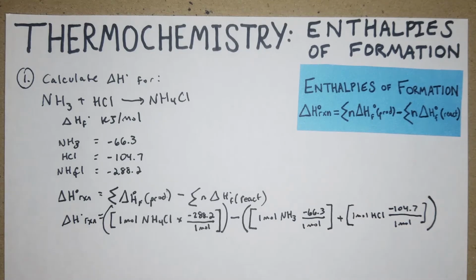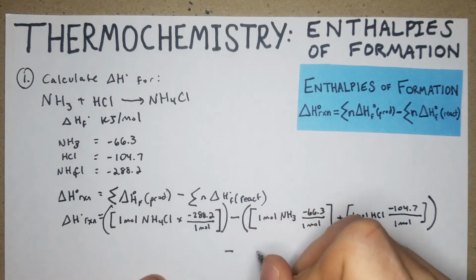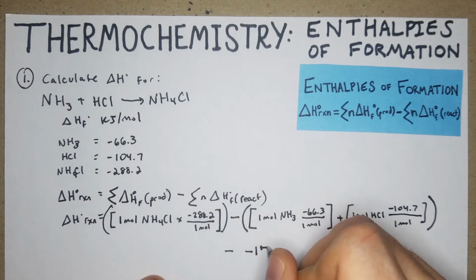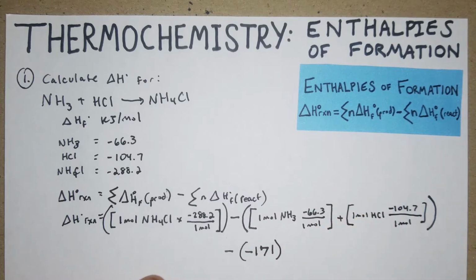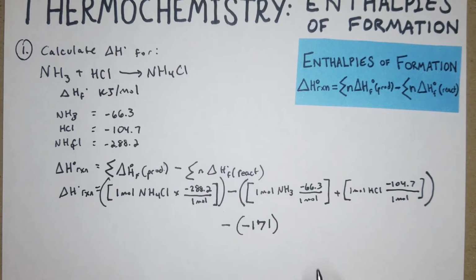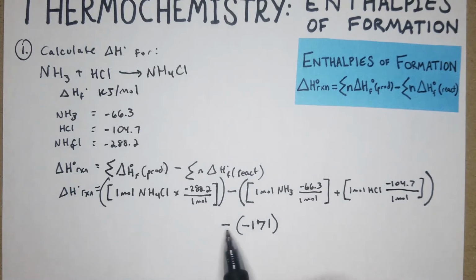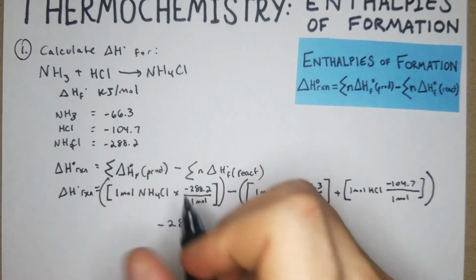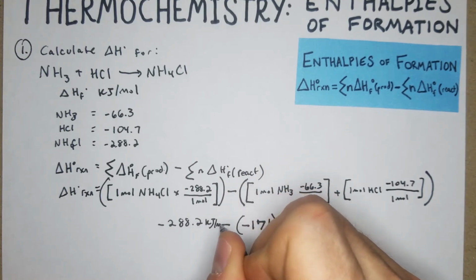And then we'll just do this math out. Again, this is going to be really simple on this side. Basically we have negative 63 and negative 104. So we're going to have a total of negative 171 on this side. And negative 171 is being subtracted from what we have here, which is negative 288.2, and we should probably use the units, kilojoules per mole.